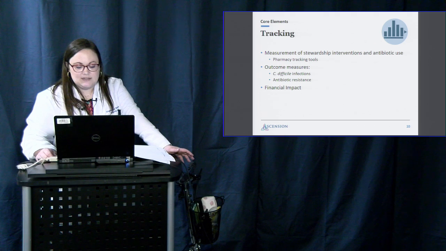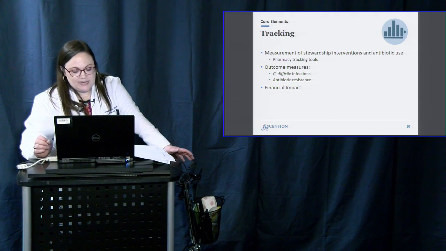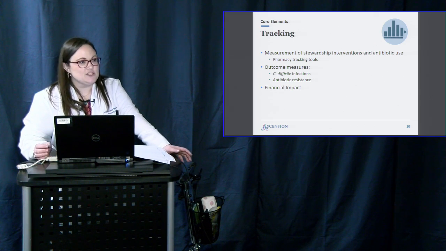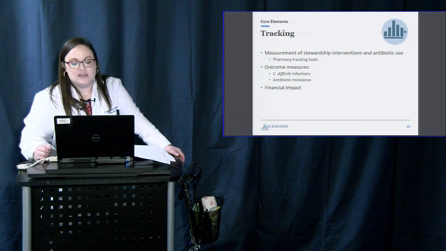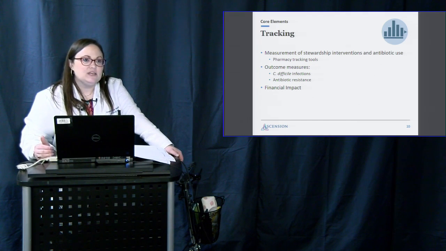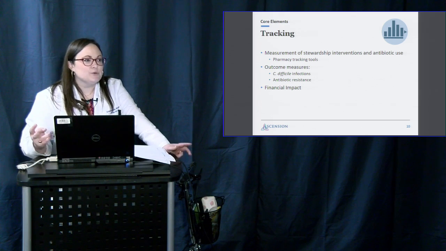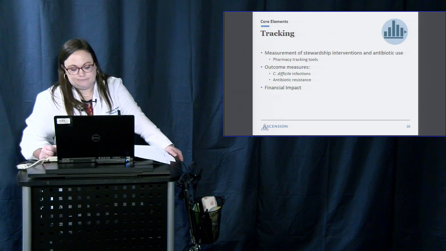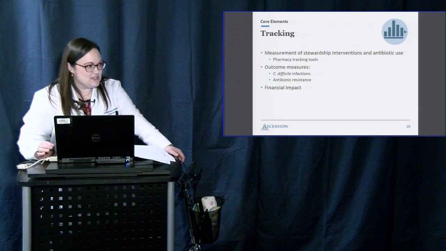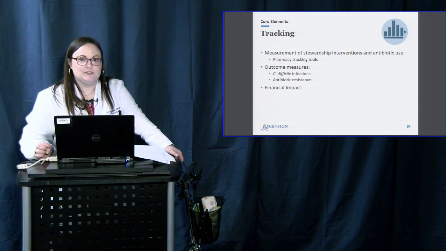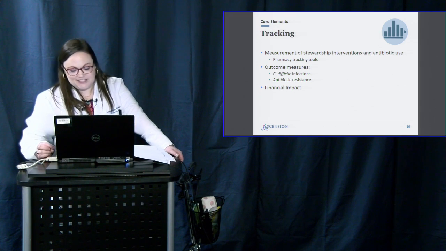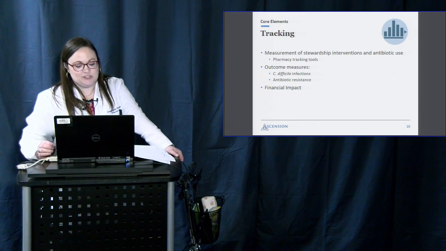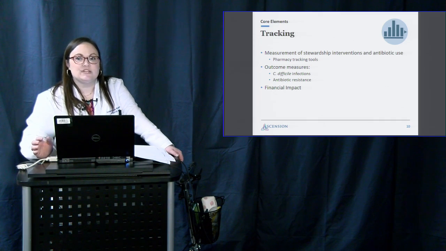To assess resistance, it's important that we analyze and focus on the pathogens that we obtain, so our culture data, from our patients who have been admitted and have then been under the influence, if you will, of our antimicrobial stewardship team. And though cost savings is not our primary goal, it's something I think we all love and know is very effective. Cost savings, particularly through drug cost savings, can often be helpful in securing more resources for our antimicrobial stewardship programs.